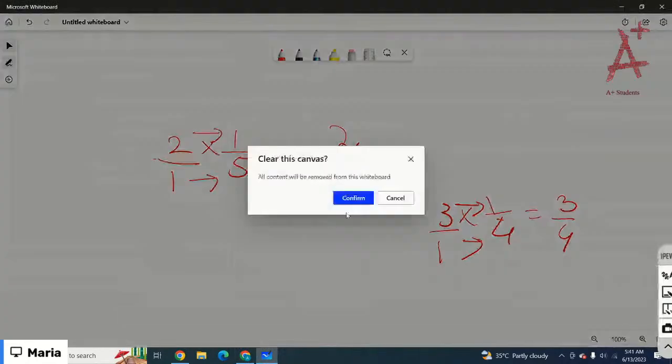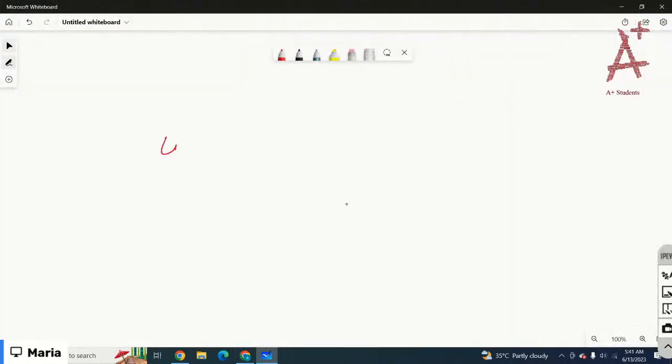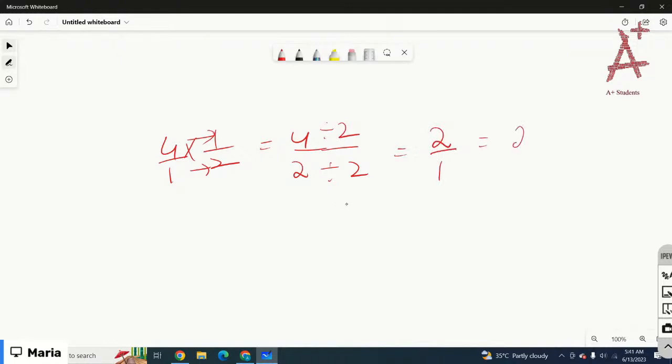You have to do 4 times 1 over 2. 4 times 1 is 4 and 2 times 1 is 2. You can divide them by the common factor 2. 2 times 2 is 4 and 2 times 1 is 2. So you can write it as 2. It would be 2. Got it, everyone?